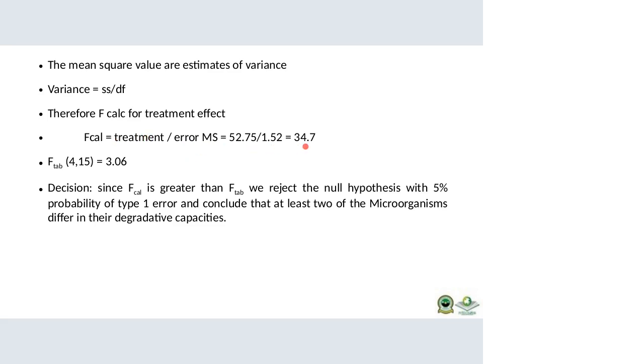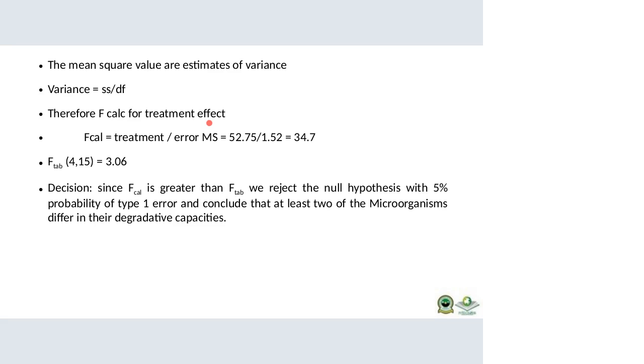If you do that, you get 37.7. Now, there is a standard rule, the decision rule. If F calculated is greater than F tabulated, what do you do? You reject the null hypothesis. That is the standard statistical rule.